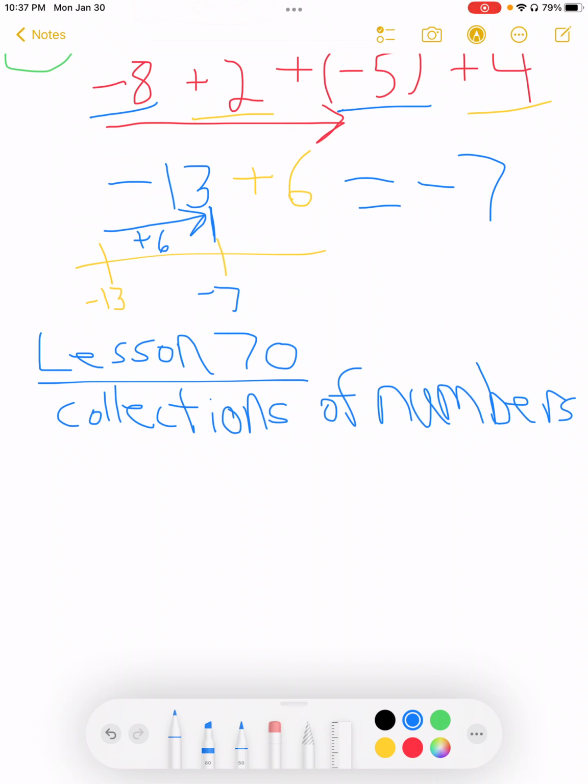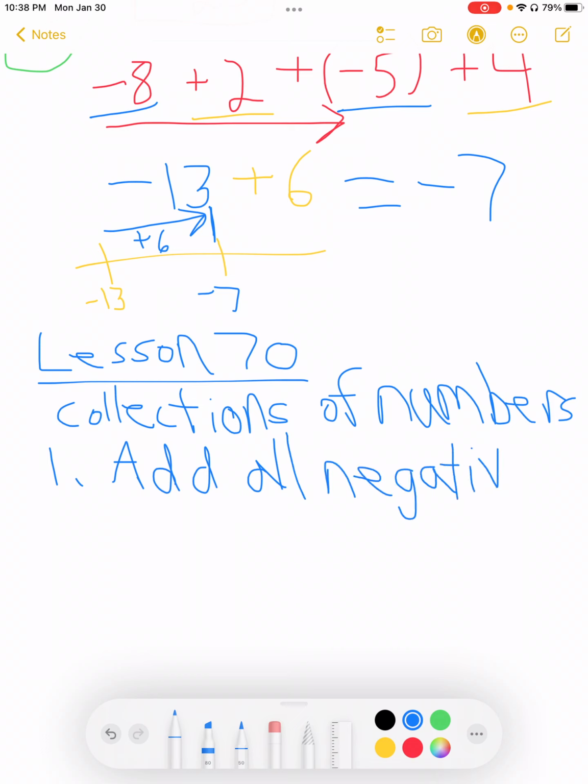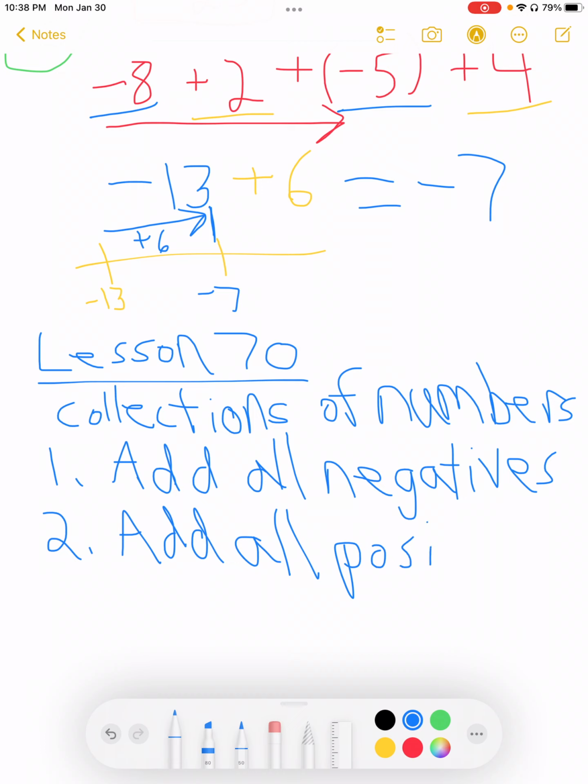We could sum it up like this: we could go ahead and add all the negatives, and we'll add all the positives. Some of you guys are like, okay, I know what to do, but it's worth writing out just to make sure we understand how this works. So we'll say add all negatives, add all positives, and then add the two sums.